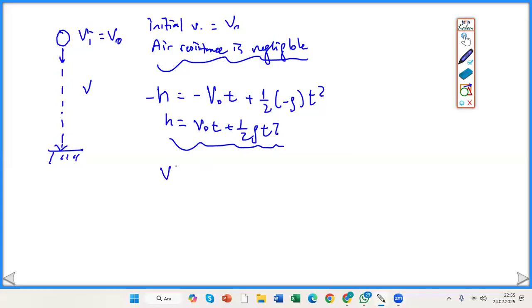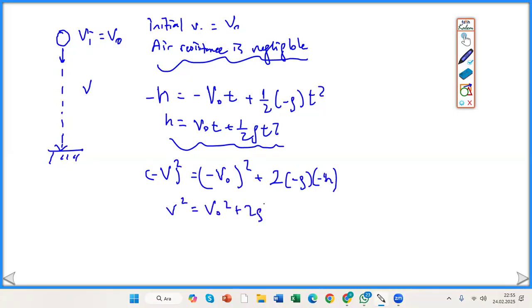And also v square minus v0 square is minus v initial square plus 2 times minus g and minus h. So v square is v0 square plus 2gh. This is our another formula.